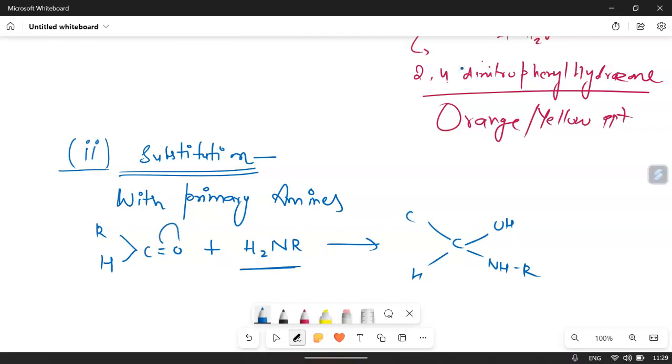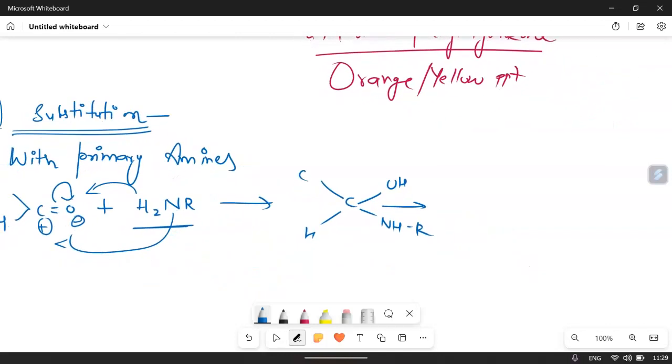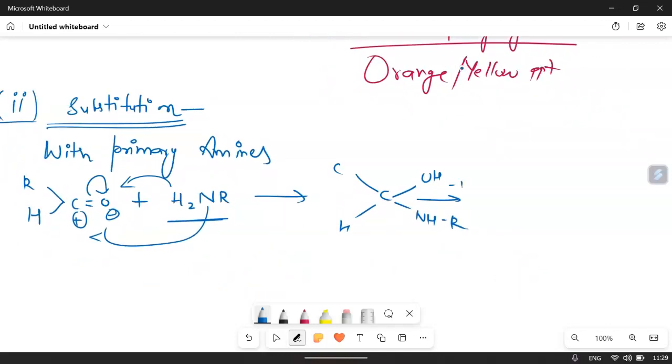If you have done it, आपको पता होगा shifting होता है, negative sign, positive sign, and then this H plus attacks here or the other attacks on carbon. So after that reaction goes forward, minus H2O you have to do, and after minus H2O it will look like that.